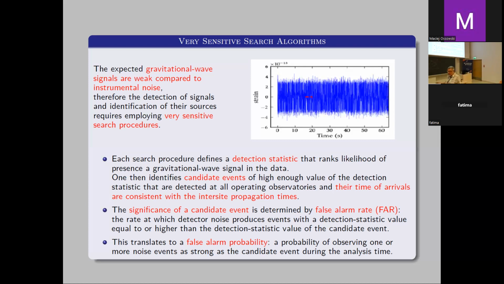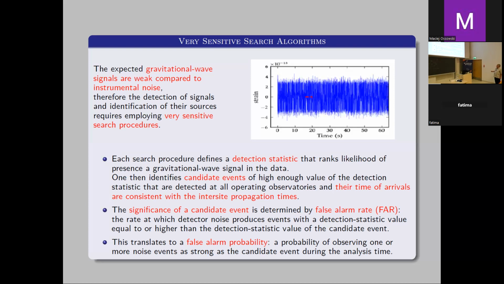As far as we are thinking about the coalescing binary signals, the signals are very short. So the appearance of the signal in different detectors should not be at the same time. There should be some delay related just to the traveling of the gravitational wave front in space through the Earth.